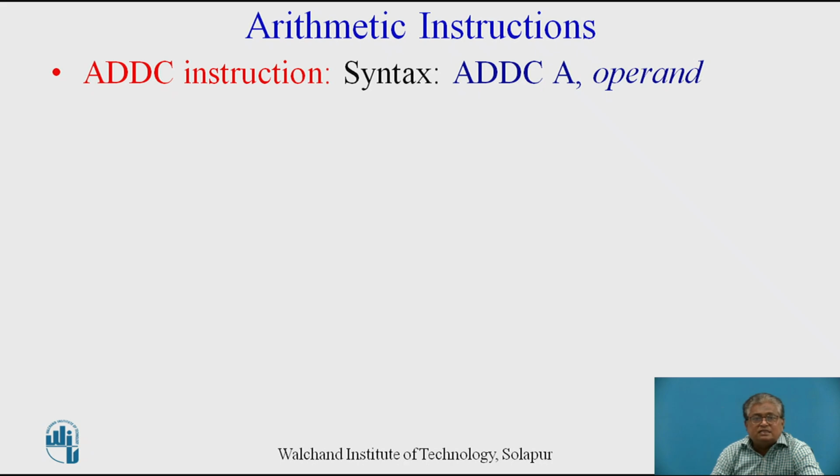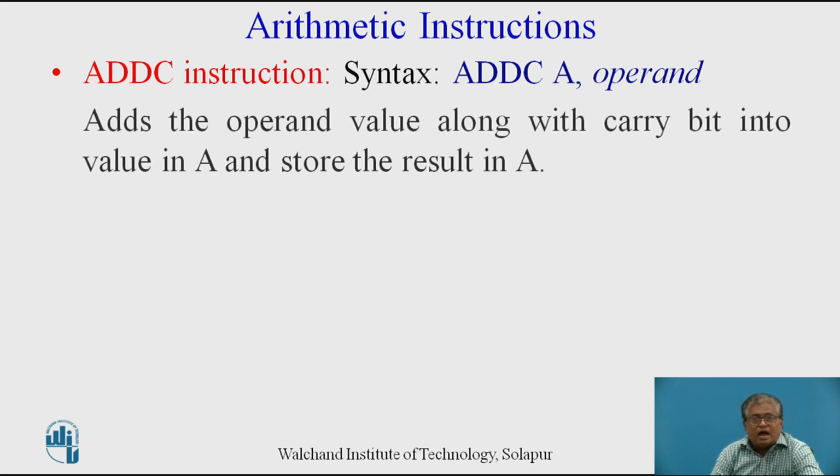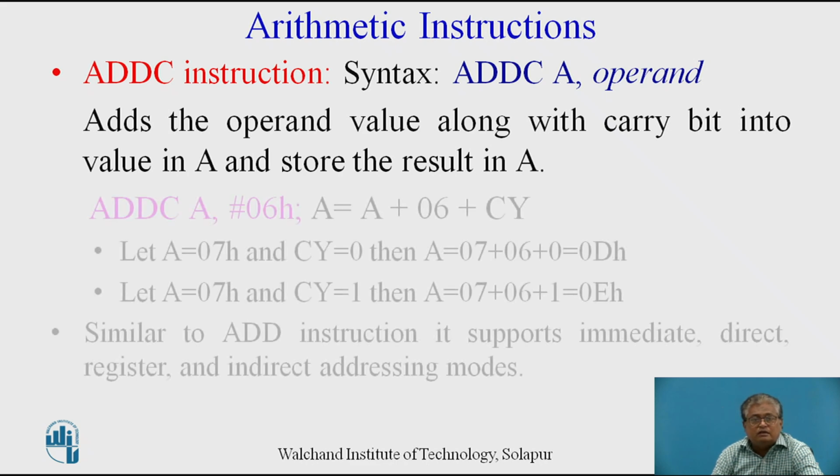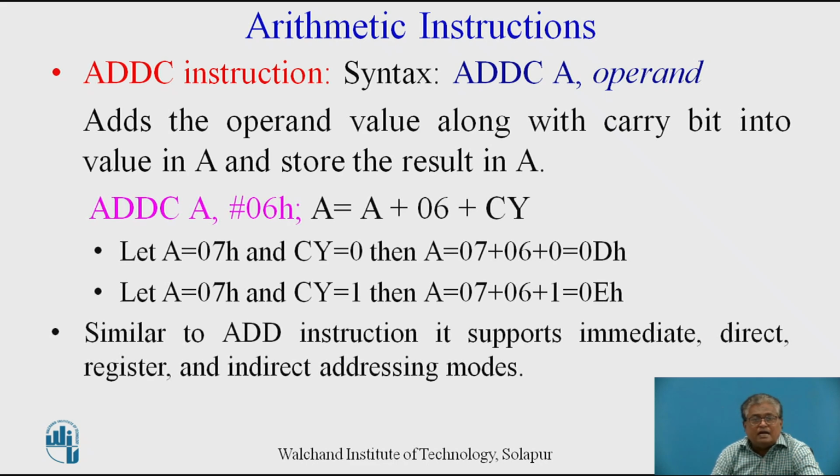ADDC instruction. This instruction adds the operand value, and into that it adds the status of the carry bit. So it adds the operand value along with the carry bit into the value in A and stores the result in the register A. So for example, ADDC A comma #06H.